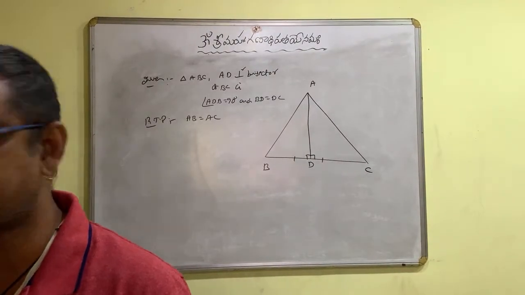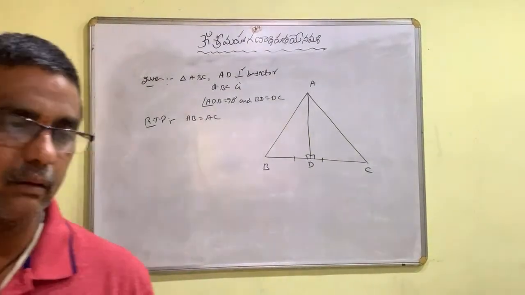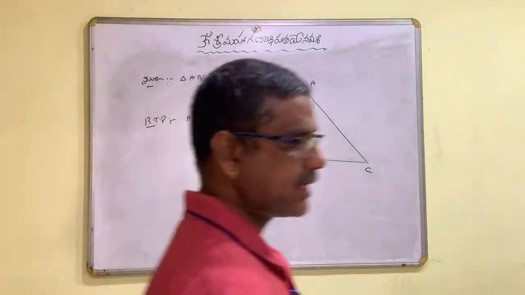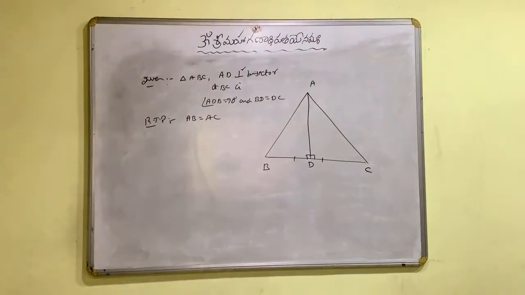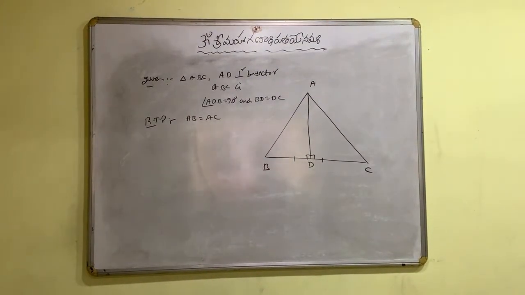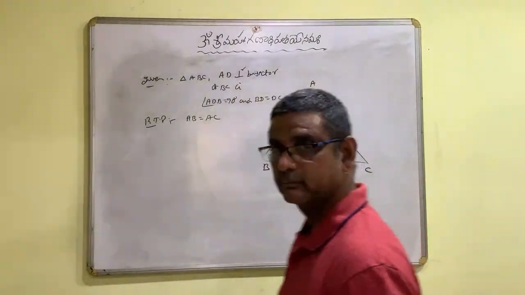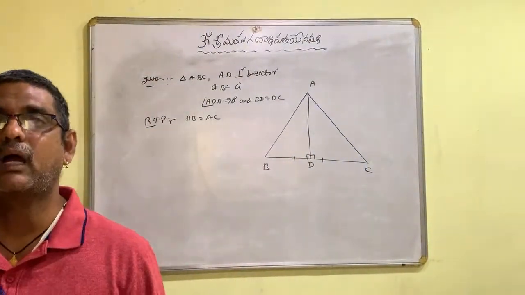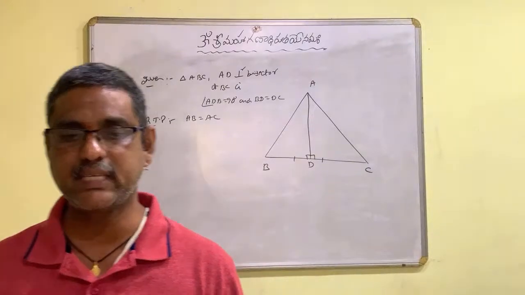Now, how to do it? Any idea? How to prove AB is equal to AC?